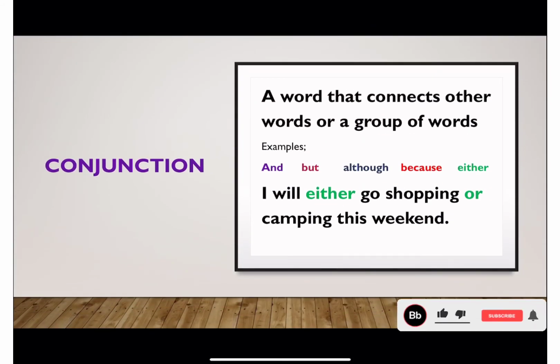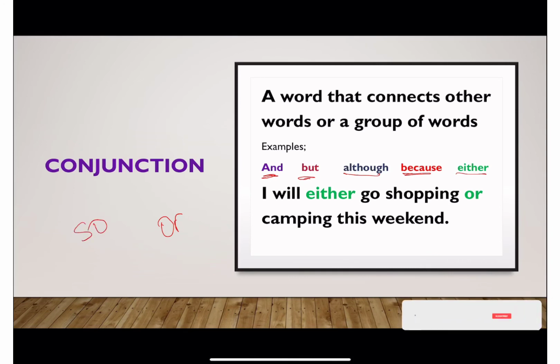How about conjunction? I know you guys have not heard these words in a long time, but let's think about conjunction. A conjunction is a word that connects other words or a group of words. An example of this could be the word and. We use the word and all the time. But, although, because, either. Another one that we use could be or. Another one could be so. So we use all these words daily, but we don't know we're actually using conjunctions in our sentences.